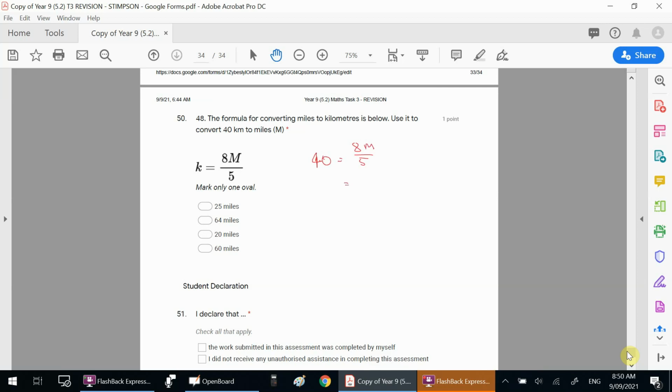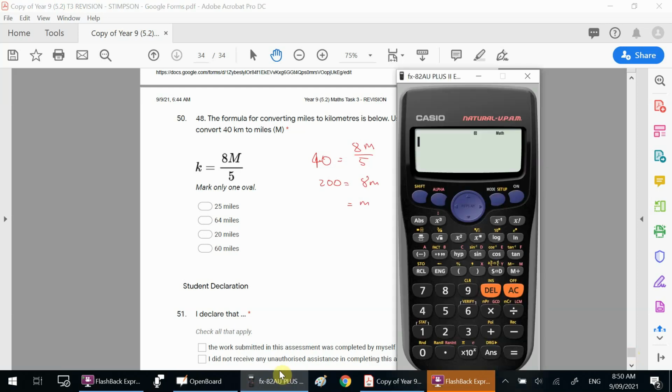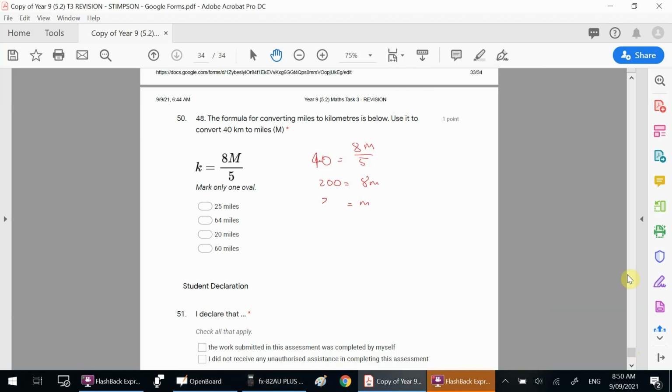So times 5, times 5, divide by 8. 200 divided by 8. Yeah. 25. So 40 kilometres is 25 miles. That's it. Okay.